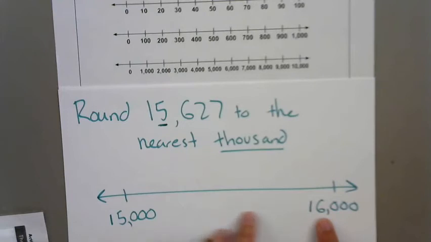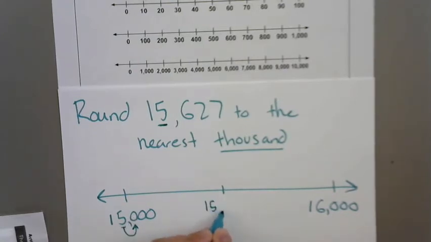Okay, what would be halfway between these? Between 15 and 16 would be 15 and a half, right? Well, I can think of it this way. If I'm going to the thousands place, go back to the place behind, and what if I put a 5 in that place, because 5 is half of 10? It would be this, 15,500.